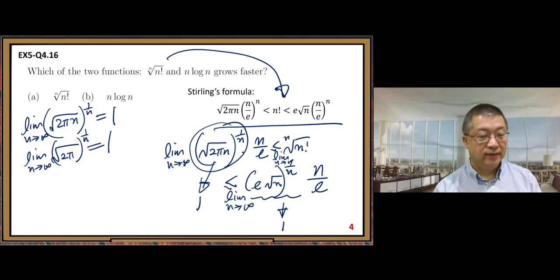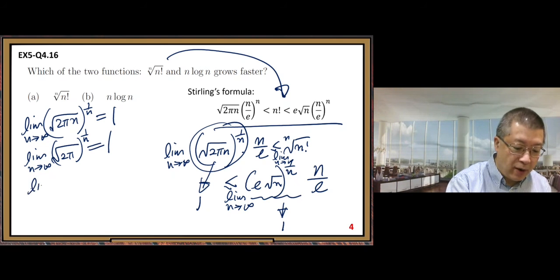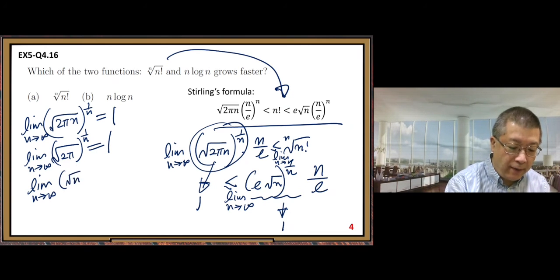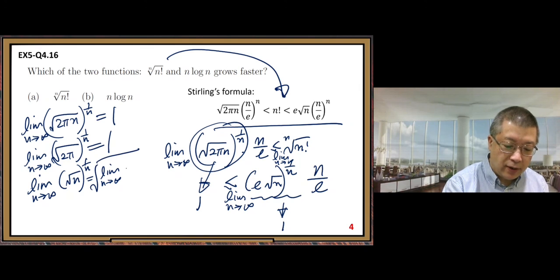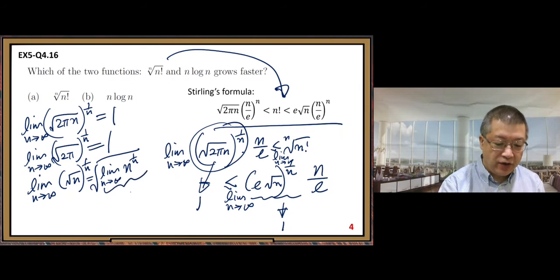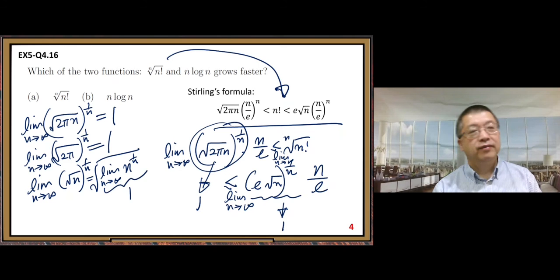The second part, the nth root of n, we just showed equals 1 in our previous part.